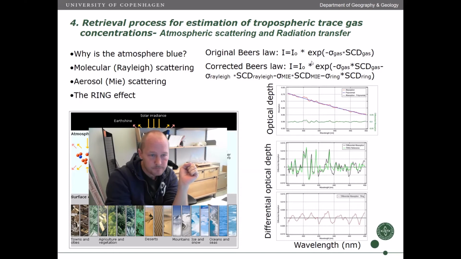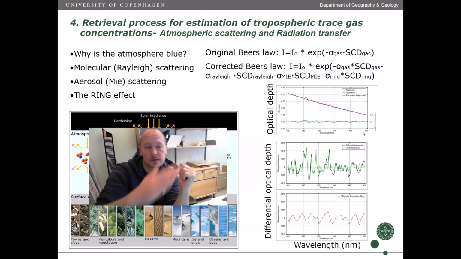So if we start with the original law, we have the absorption that is caused by the concentration of the trace gas, and then we remove the effect of the molecular scattering, that is the Rayleigh scattering, and we remove the effect of the aerosol scattering, that is the Mie scattering, and this is what we do here when we remove this trend.